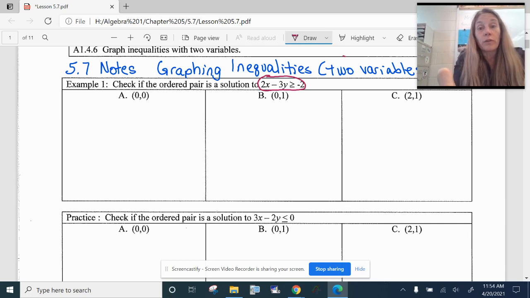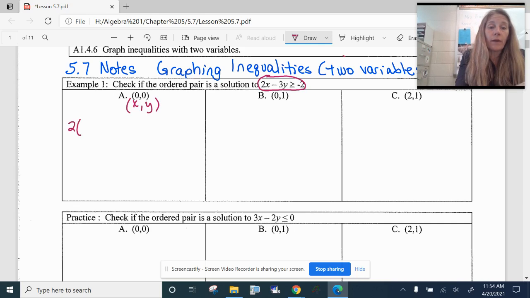Now notice there's two variables, so there's not just single digit solutions. Now we are dealing with ordered pairs as solutions. So when we have an ordered pair, this represents an x and a y, we can substitute both of those values in. So I'm going to put the 0 in for the x, and I will also be putting this 0 in here for the y.